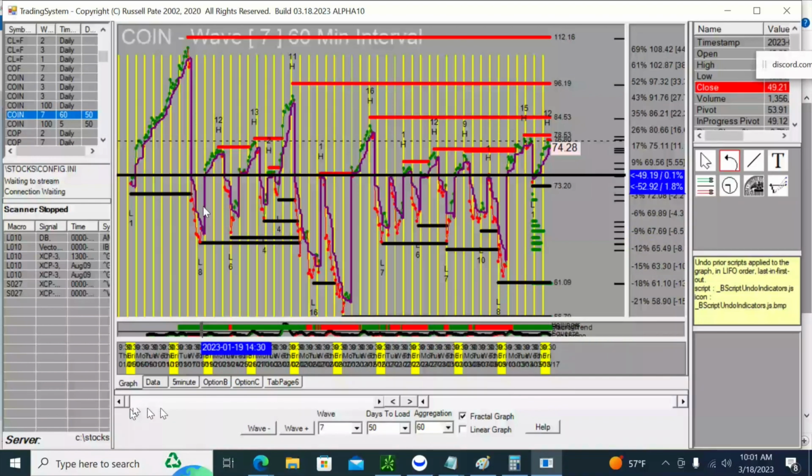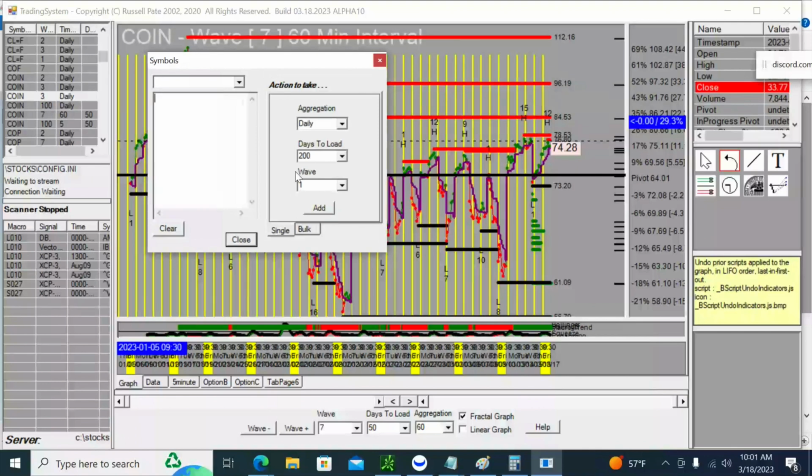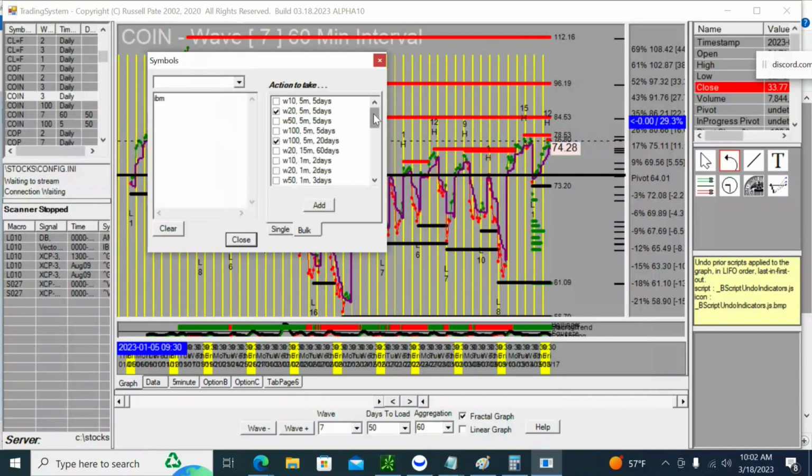And then over here, the way this works is now you do an add. You can do a single: you can come in here and do IBM, and pick the aggregation, the wave. Or you can come down here and do a bulk. When you do bulk, it has all kinds of different waves with ounce and stuff.